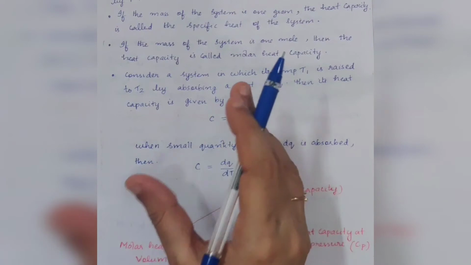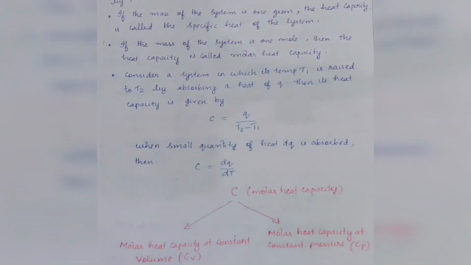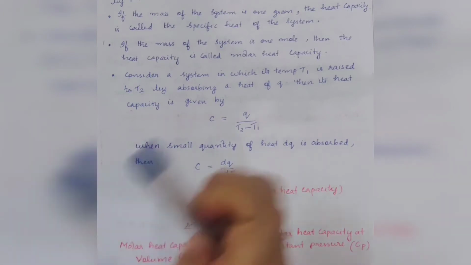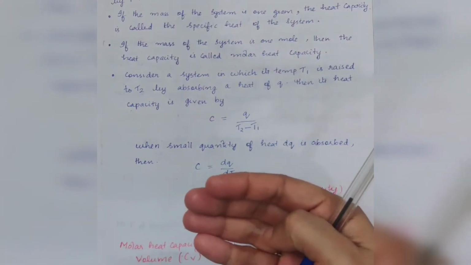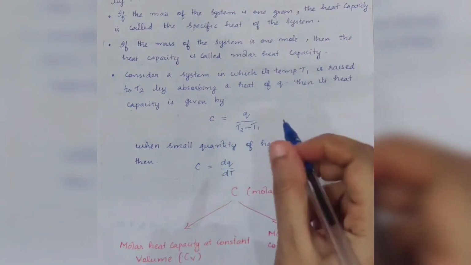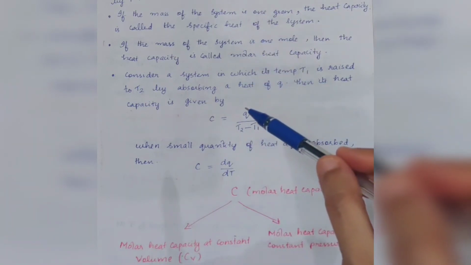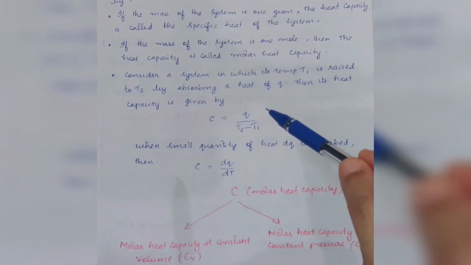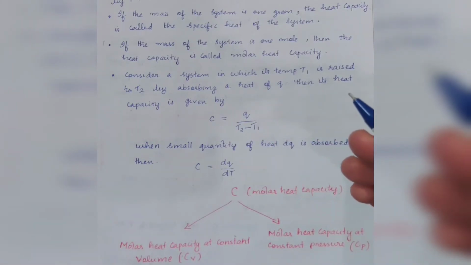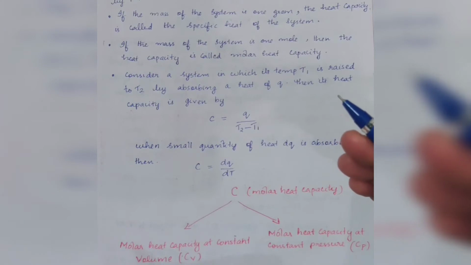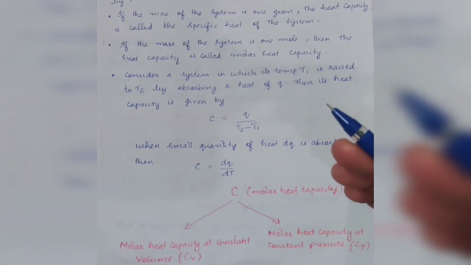Specific heat capacity is the quantity of heat required to raise the temperature of a unit mass of a substance by 1 degree Celsius, that is, 1 Kelvin.